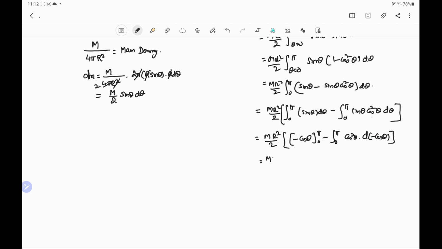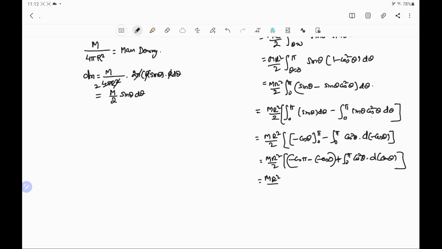So it will be equal to m r square by 2, put our limit, minus cos pi minus of minus cos 0, minus integral 0 to pi. This minus is taken out, so it becomes plus cos square theta into d cos theta.